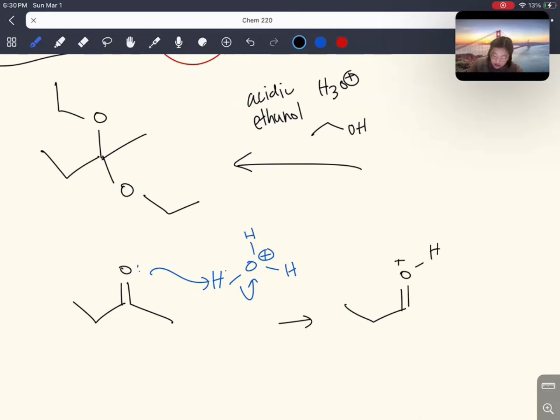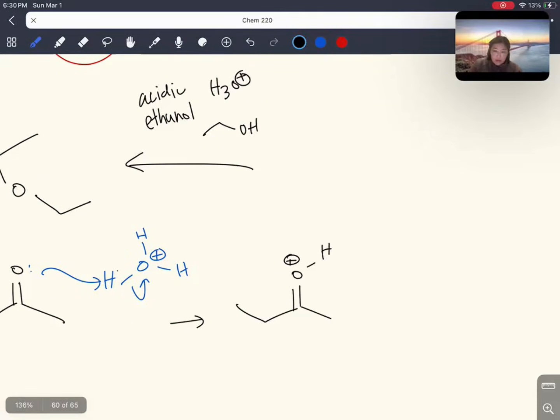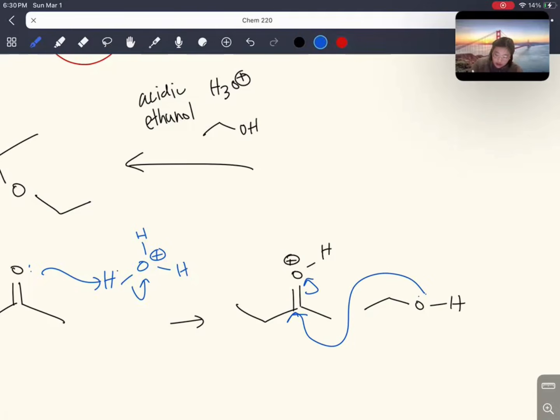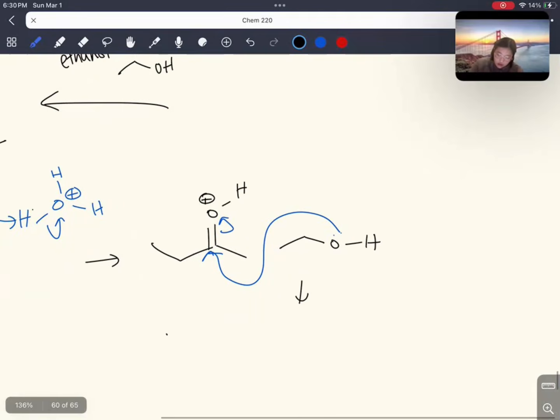And this makes your carbonyl carbon more activated towards nucleophilic attack by your ethanol. And so then we're going to have your ethanol come in. It's going to attack this carbon over here, push this double bond off, and then you're going to form this.